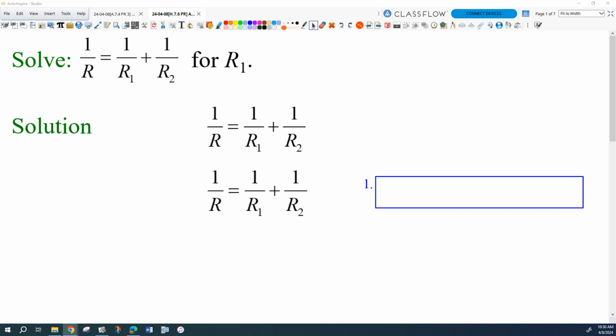What do you think? How could we do this? Ideas. Getting that R sub 1 out of the denominator is probably a good idea.